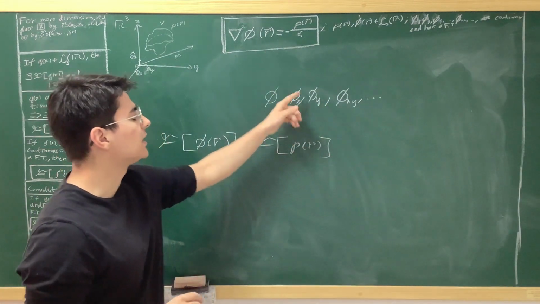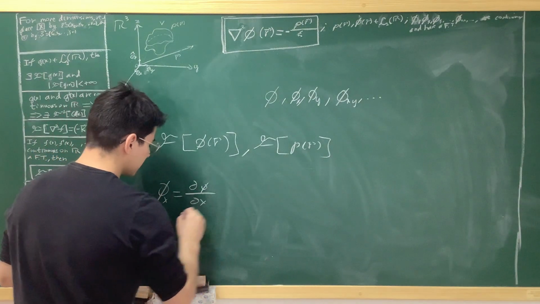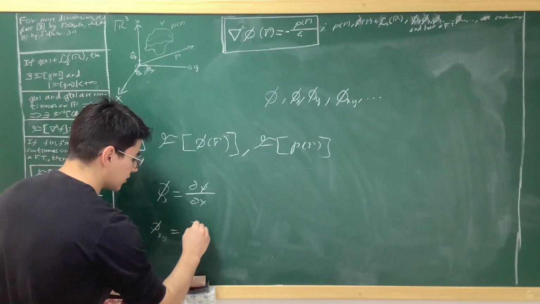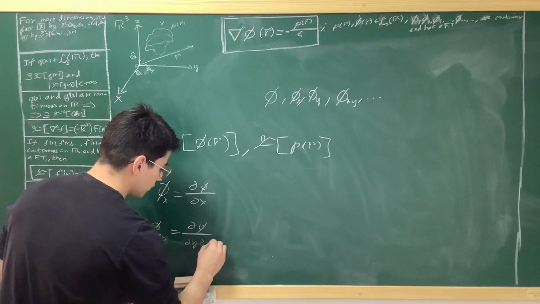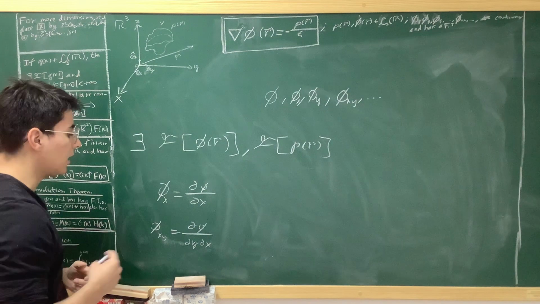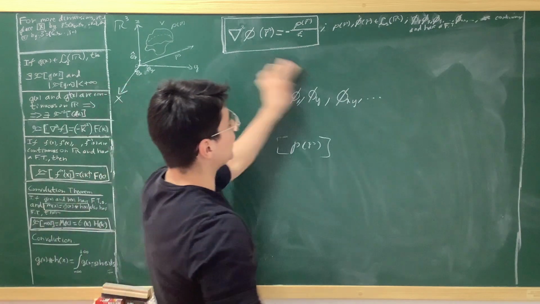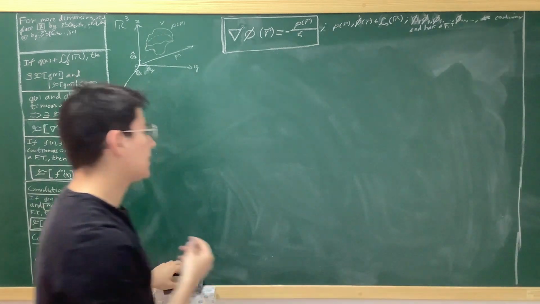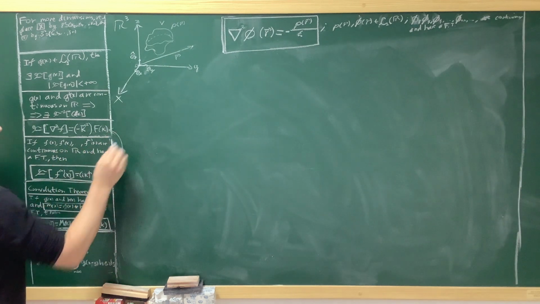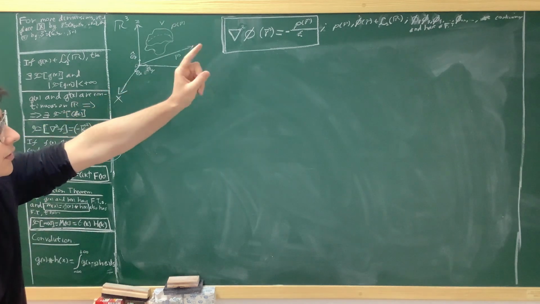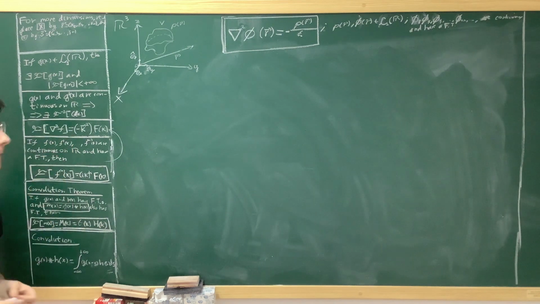This notation just means that phi x is the partial derivative of phi with respect to x, and phi xy is the partial derivative with respect to x and then with respect to y. So this condition tells us we can use this property in 3 dimensions.